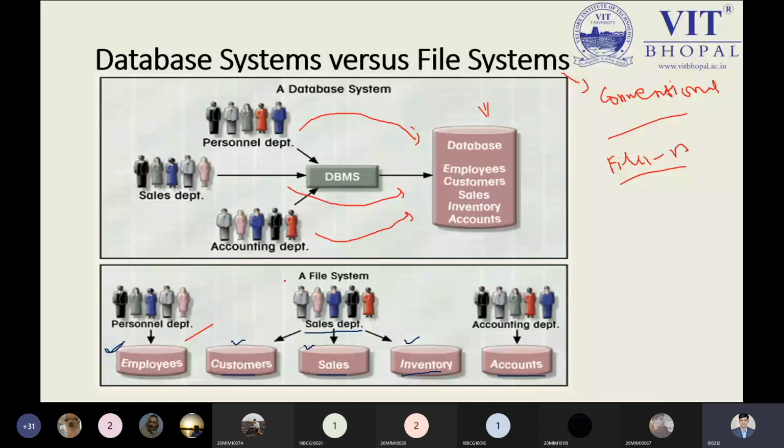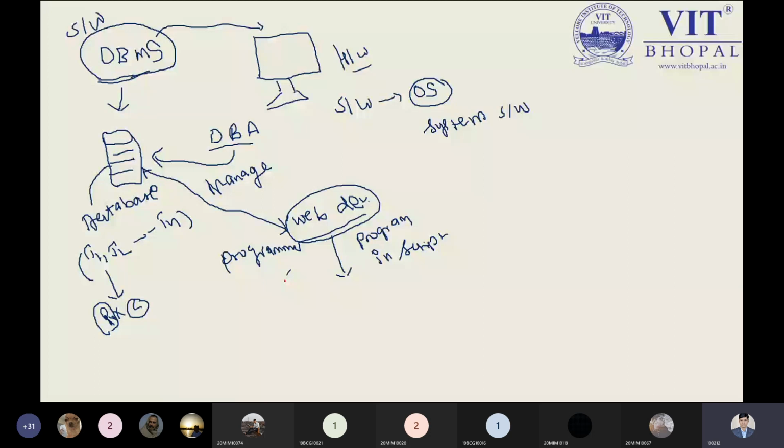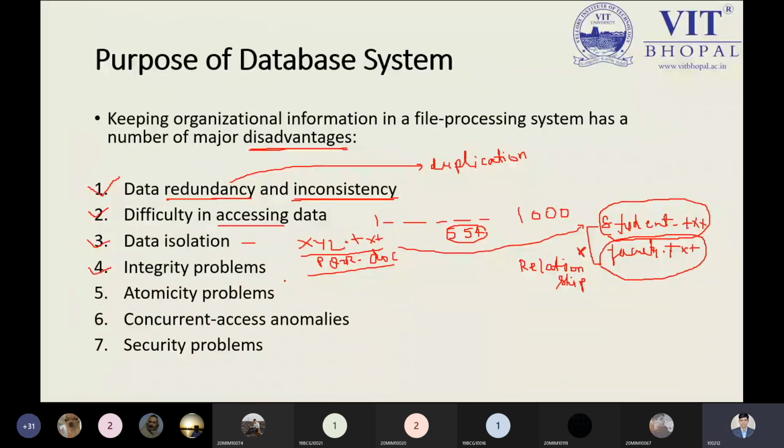But if they are not following it, there is a chance they cannot have the relationship. So this is the integrity problem. All these are various issues and problems we have seen and have to take care of in the database system. Now, is it clear to all? No, sir. Please explain one more time.